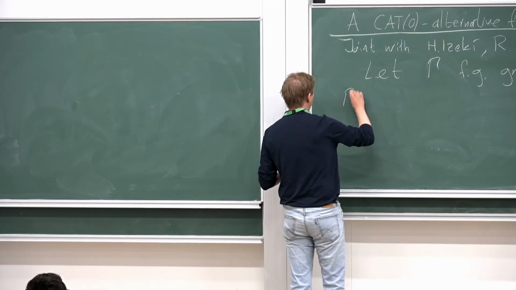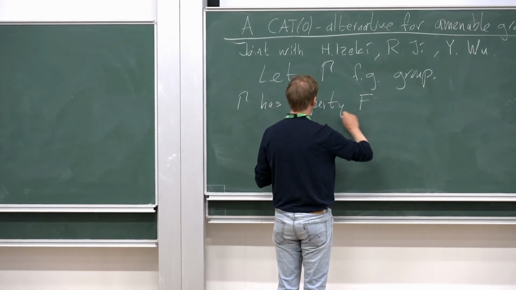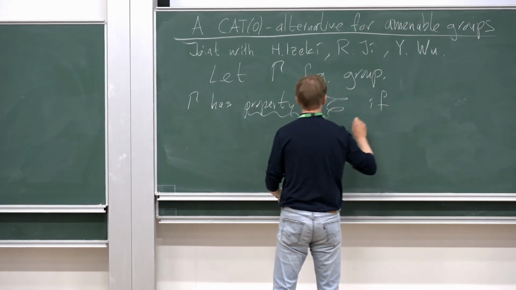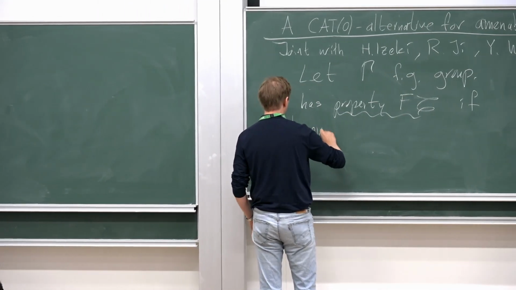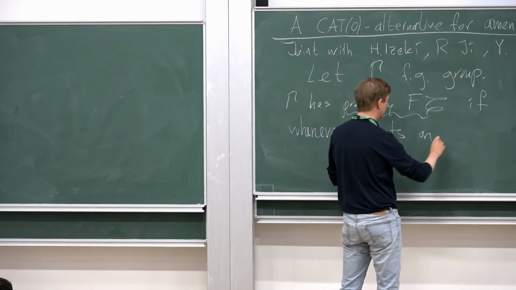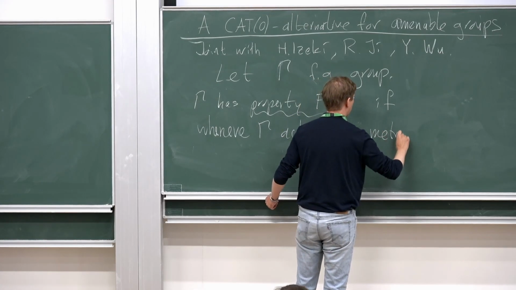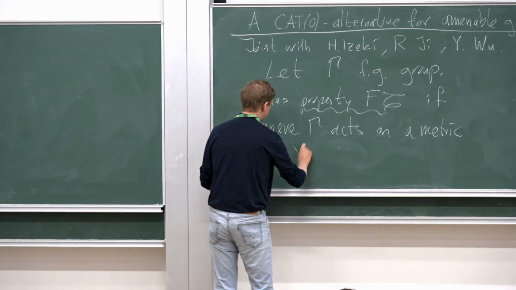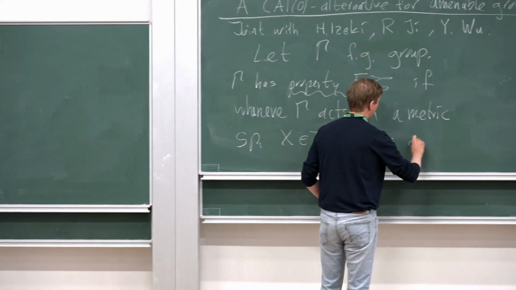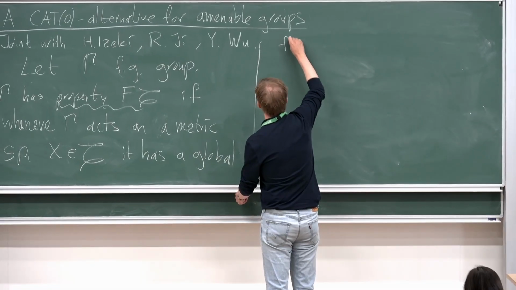Gamma has property F C, for fixed point, where C is some class of spaces, which I will change, if whenever Gamma acts, by isometry always, on a metric space X in this family, then it has a global, and sometimes I will leave out global, fixed point.